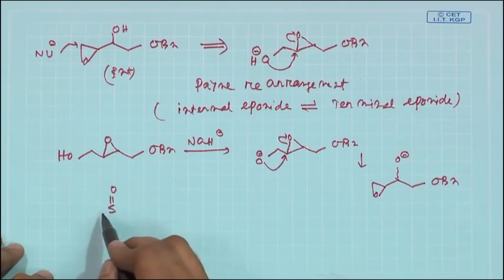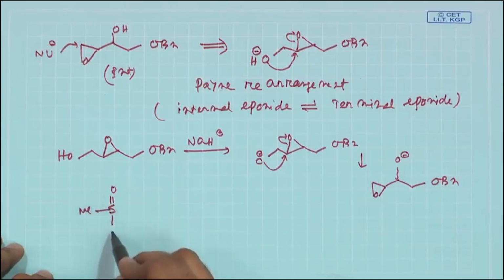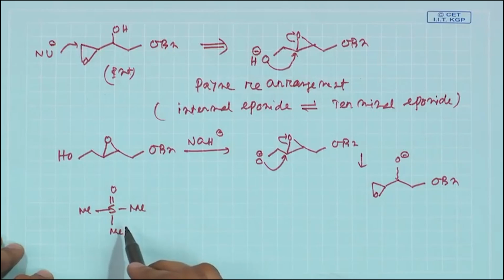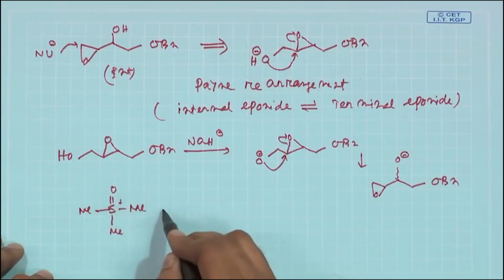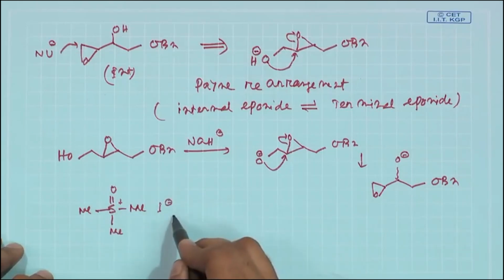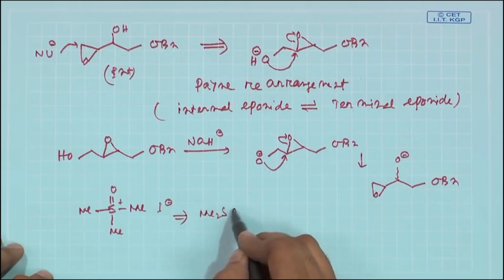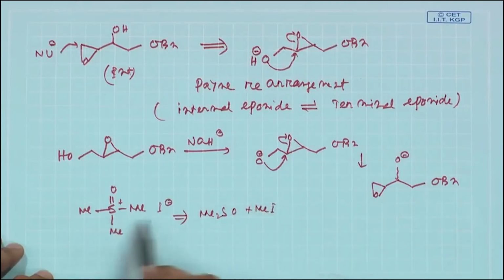Now, this particular nucleophile which we will be talking about, we have used this kind of nucleophile in the Corey-Chaykovsky reaction, if you remember, is trimethylsulfoxonium, actually S plus and I minus. Basically, it has been generated from dimethyl sulfoxide. When you reflux it with methyl iodide, you get this compound.